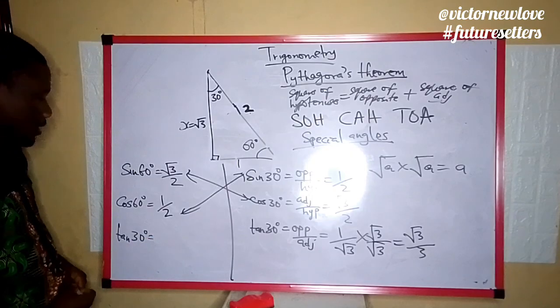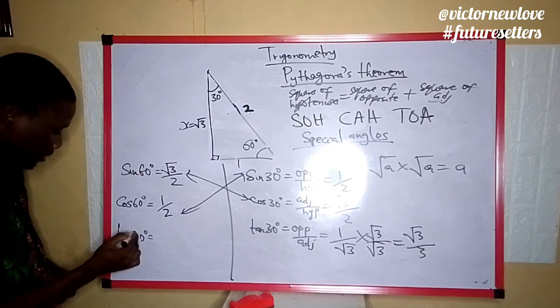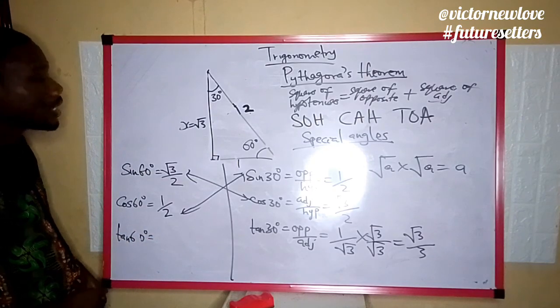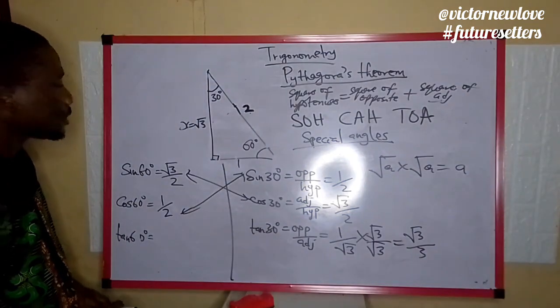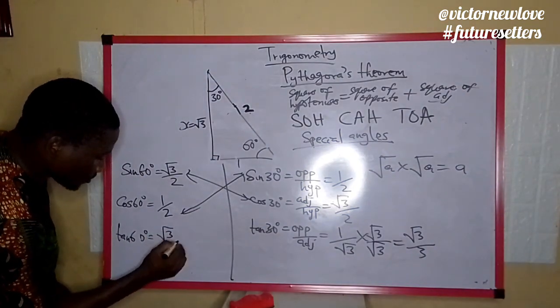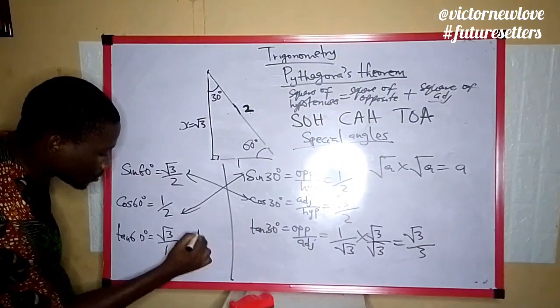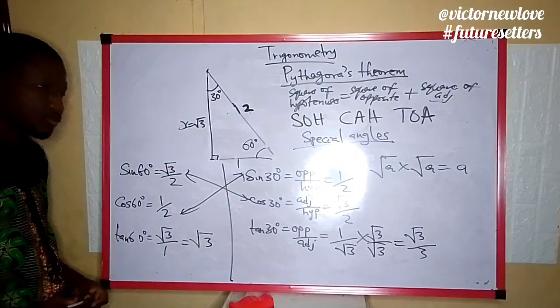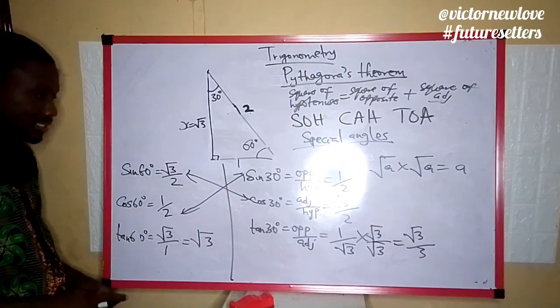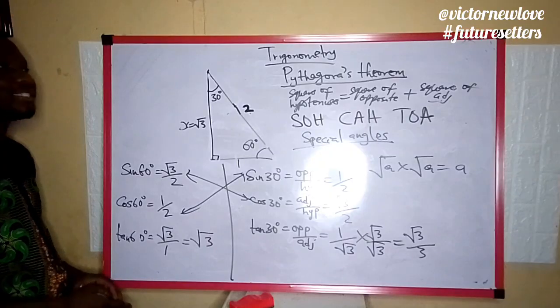Then now we have tan 60 degrees. Tan is opposite over adjacent. That is root 3 over 1, which is root 3. So tan 60 is root 3. That's the first thing.